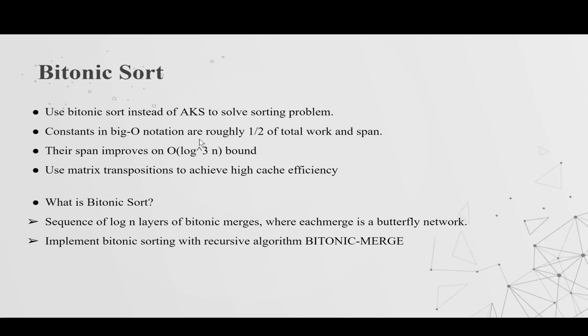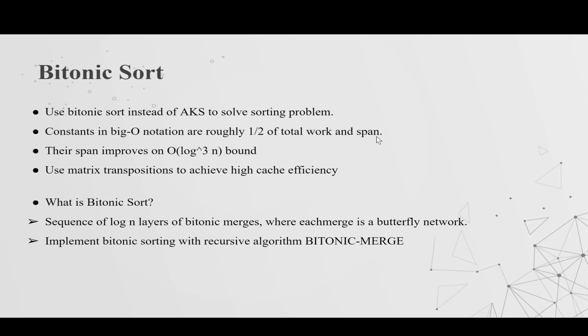In Bitonic sort, the constants in the big O notations are roughly half of the total work and the span. They convert each PRAM step into log n square time, which in turn improves the span of the algorithm. So we can say that their implementation is functionally better in cache complexity and span.